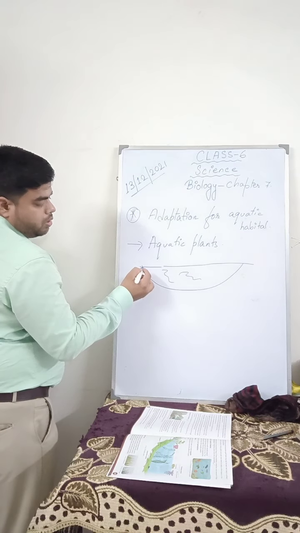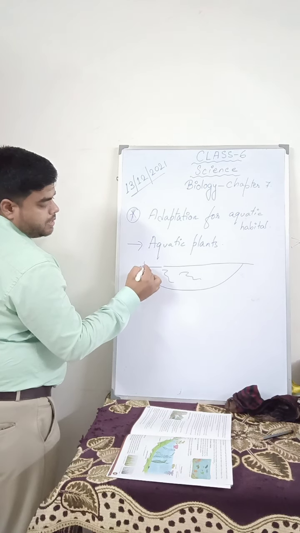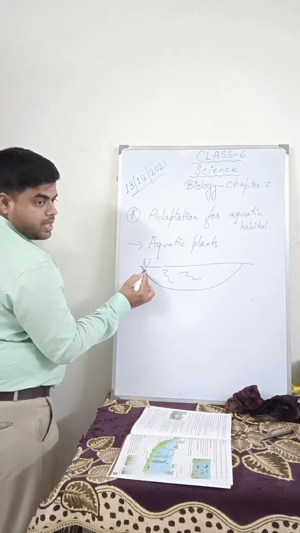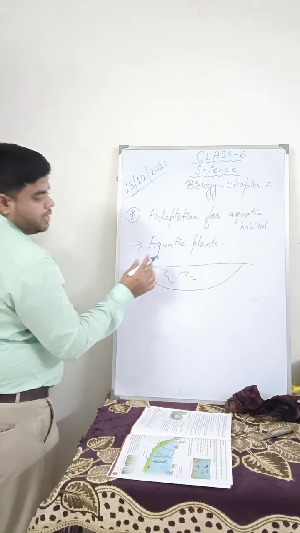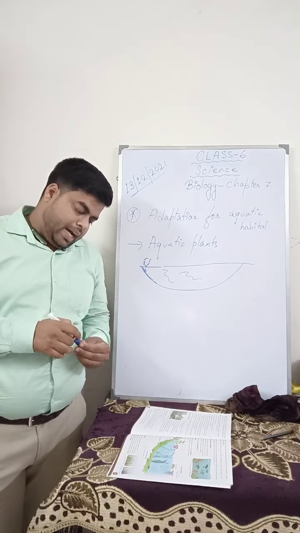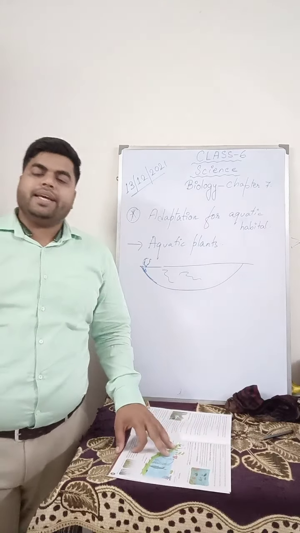They grow on the sloping sides, not deep inside, but sloping sides. The roots are fixed here, but the stem and the leaves are outside the water. Examples are bulrush, arrowhead and sedge.